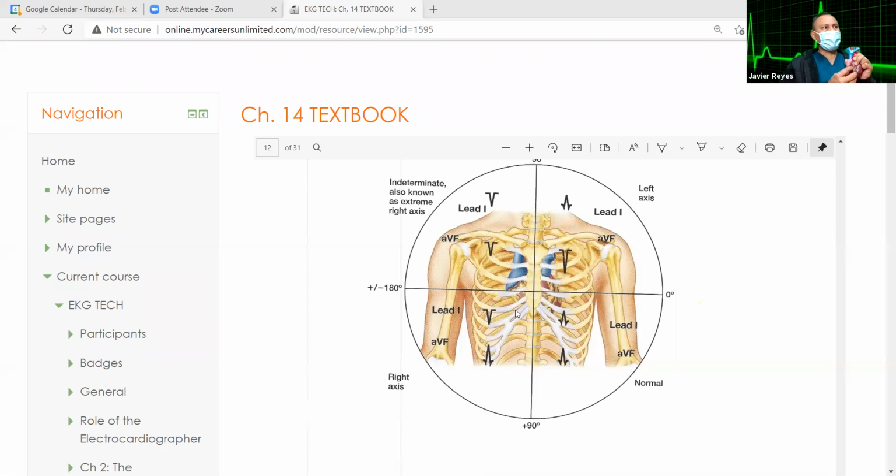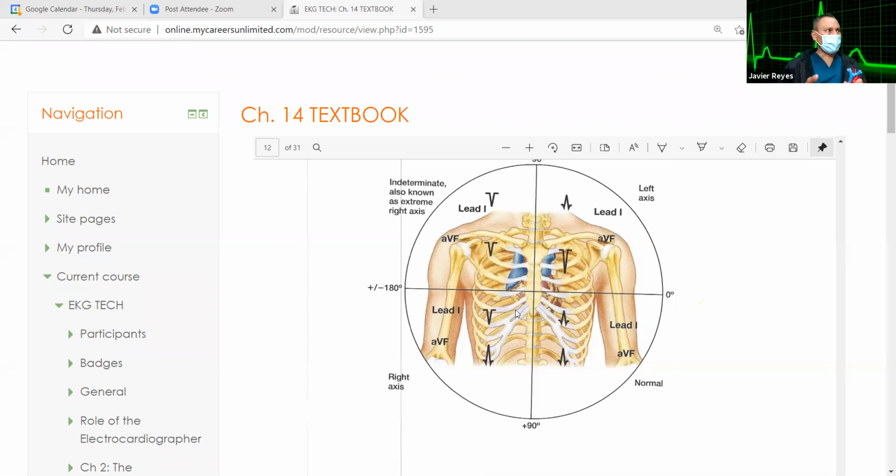You're going to see that the right ventricle is putting out more electricity, right? So AVF captures that part more on the right side versus lead one. So lead one will be negative and AVF will be positive. It's the opposite of left axis deviation. Can you see that? They're opposite.